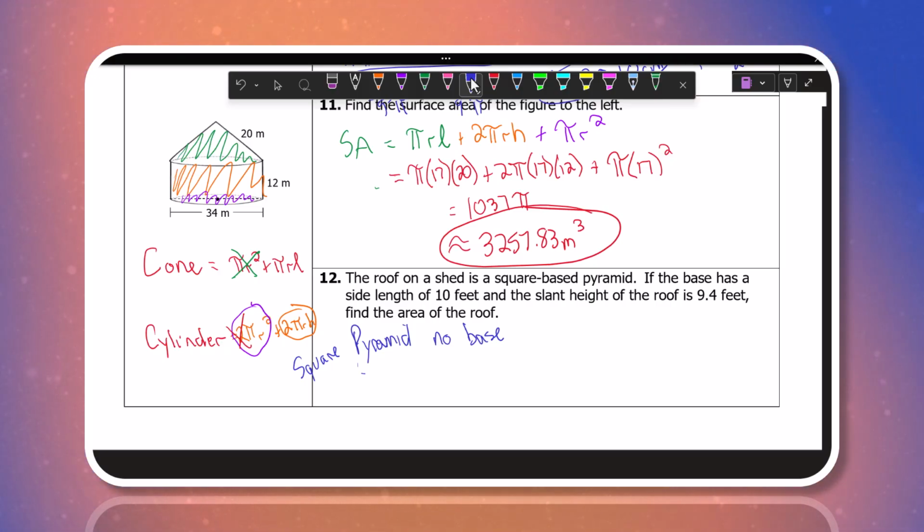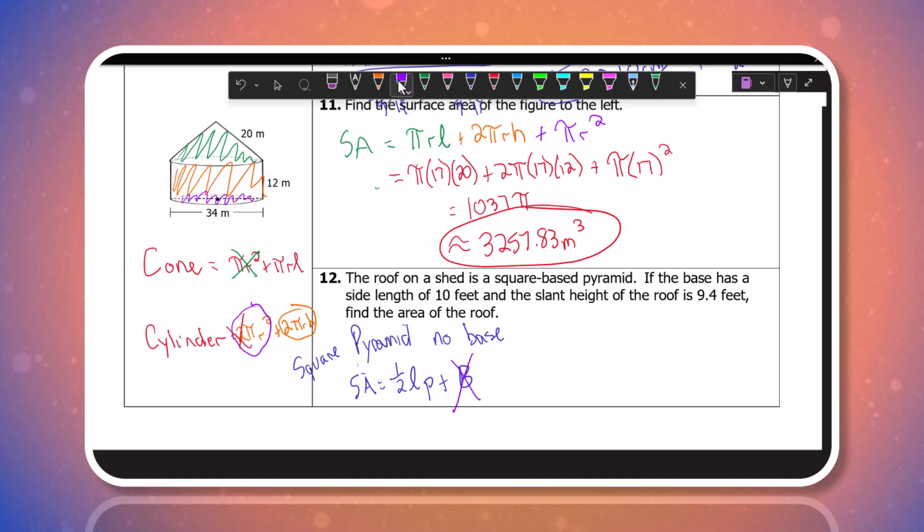So our pyramid formula completely is 1/2 slant height times the perimeter of the base plus the area of the base. Well, we just said that we're not doing the base. So it's just 1/2 times the slant height times P. That's it. So of our roof, it's just 1/2 our slant height, which they told us, 9.4, times the perimeter.